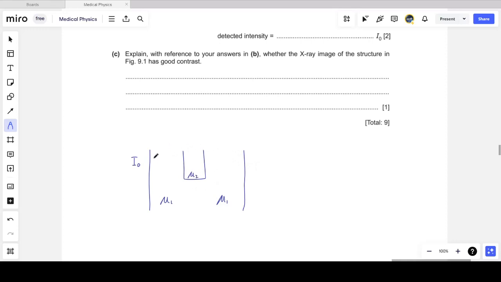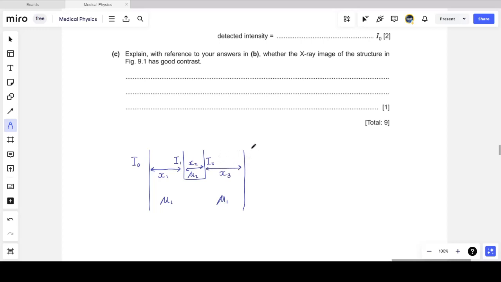So I'm going to assume that after traveling a distance x1 through soft tissue, the incident intensity onto the bone is I1. The X-ray then travels a distance x2 through the bone and then exits with intensity, actually I'll call this I2 since we're going in order. It then travels another distance through the remainder of the tissue, x3.